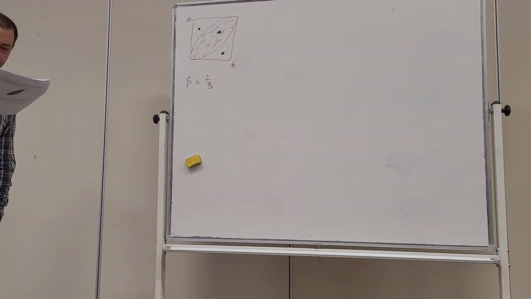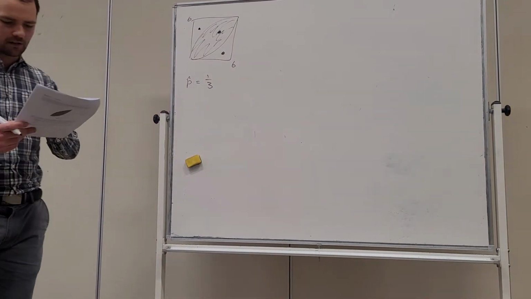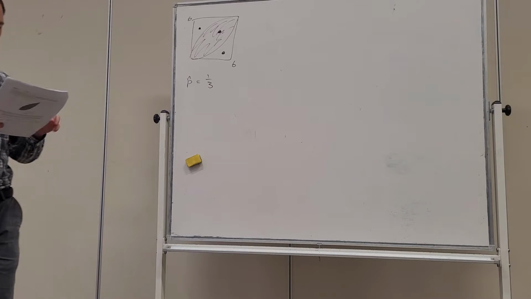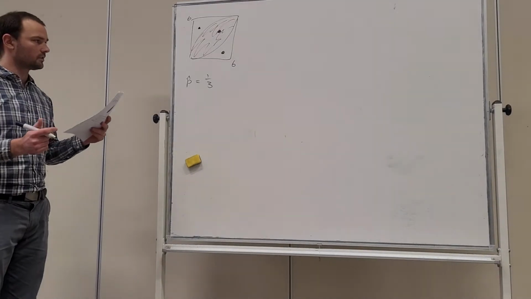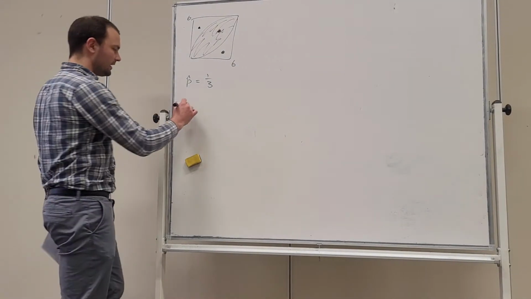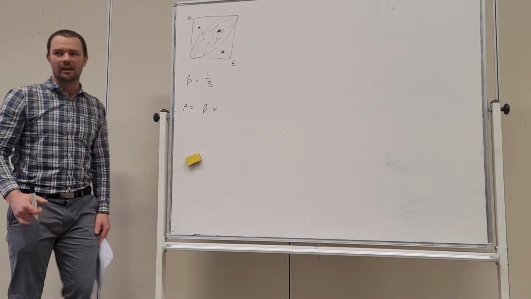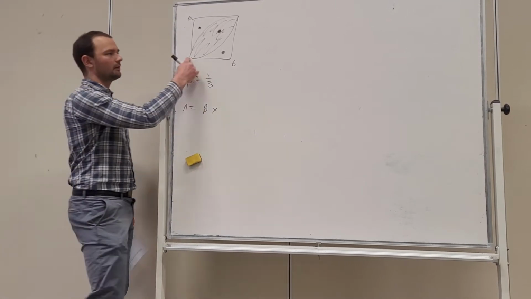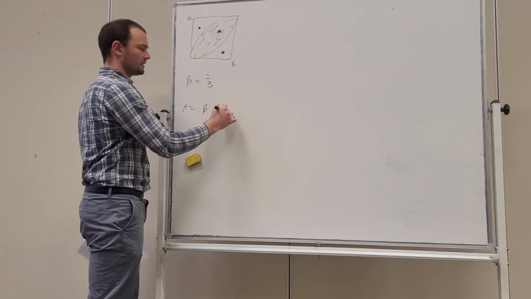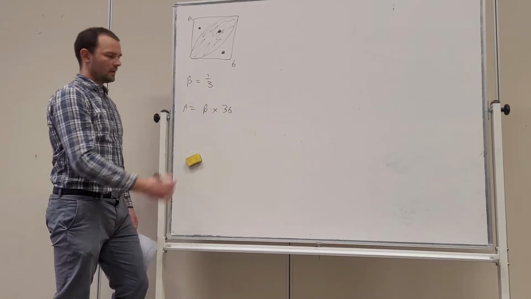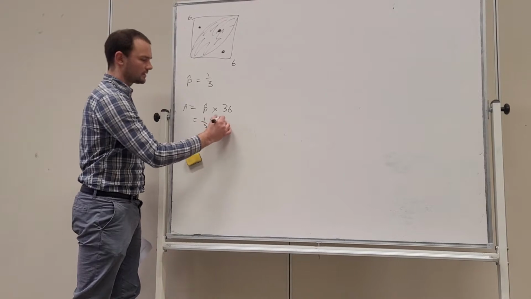Hence, show that the results from this Monte Carlo experiment indicate that A is 12 units. Well, A is equal to p hat times the area of the square. The area of the square is 36 units in total. And so we've got a third times 36.